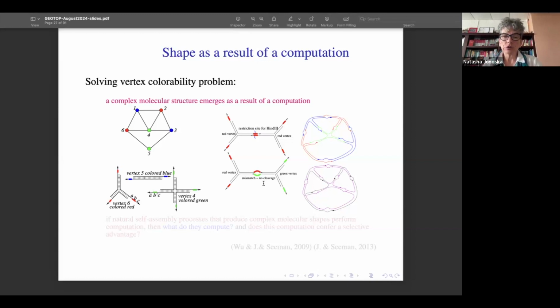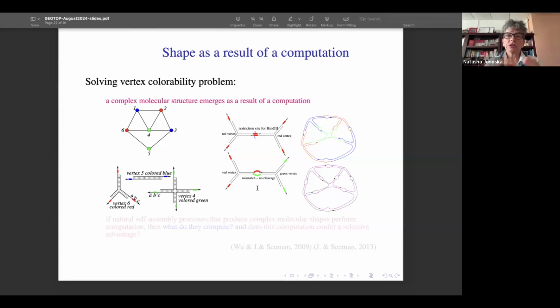However, if the molecules join together through the complementarities of A and C, for example, but have different colors, then they will form a bubble. There's no complementarity between red and green, and this bubble cannot be cut with any of the 3 enzymes corresponding to red, green, and blue.